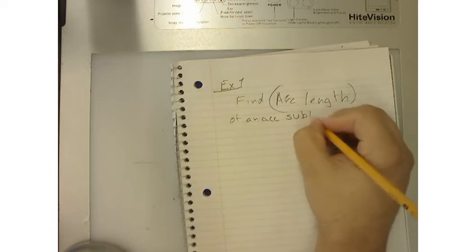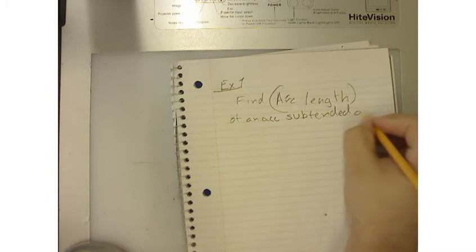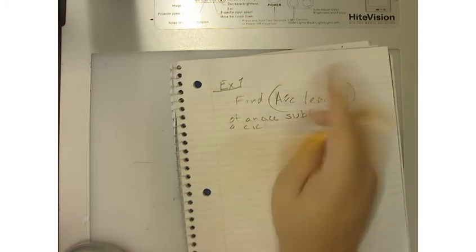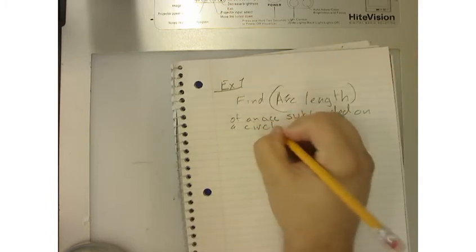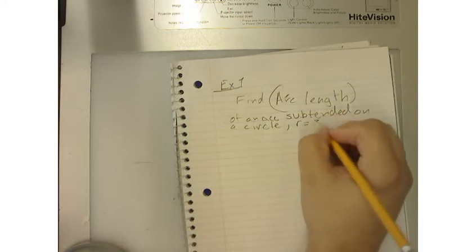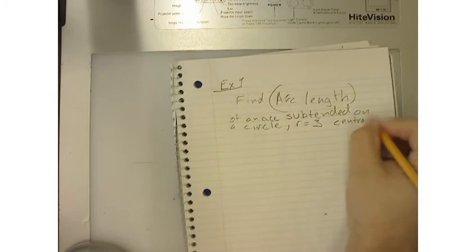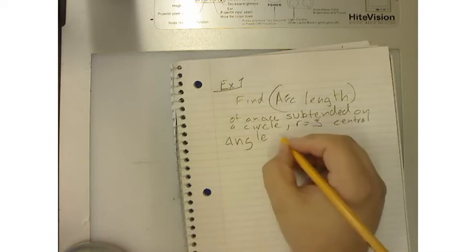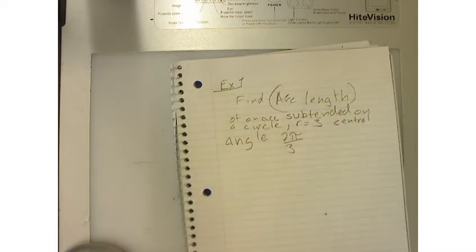subtended on a circle with a radius of 3 and a central angle of 2 pi over 3.